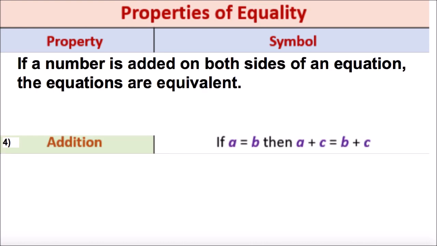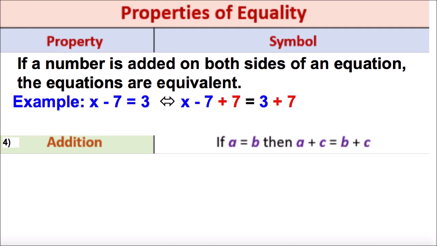Moving on to the addition property, if a number is added on both sides of an equation, the equations are equivalent. So if A equals B, then A plus C equals B plus C. For example, x minus 7 equals 3 is equivalent to saying x minus 7 plus 7 equals 3 plus 7, which is equivalent to x equals 10.